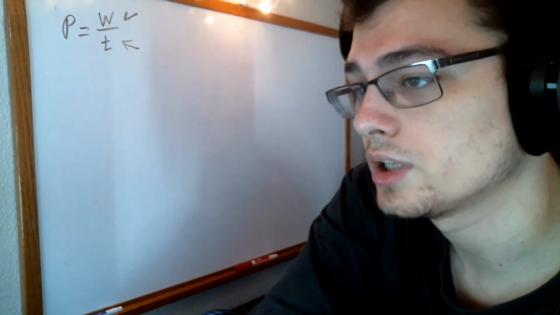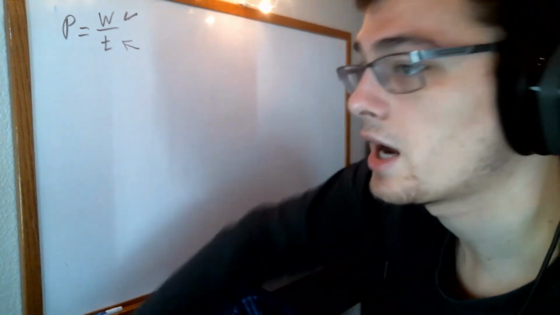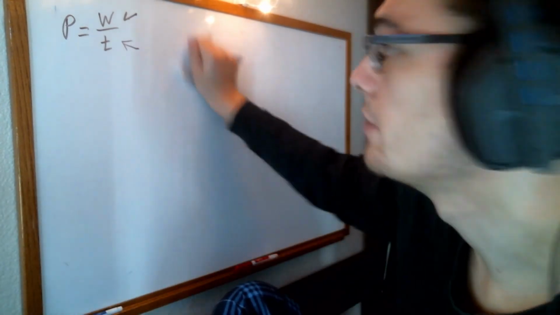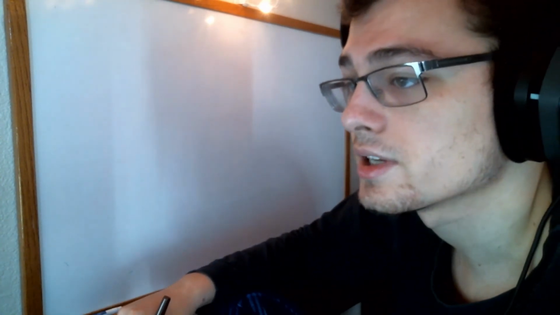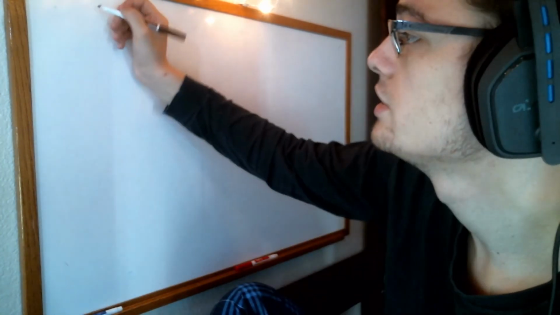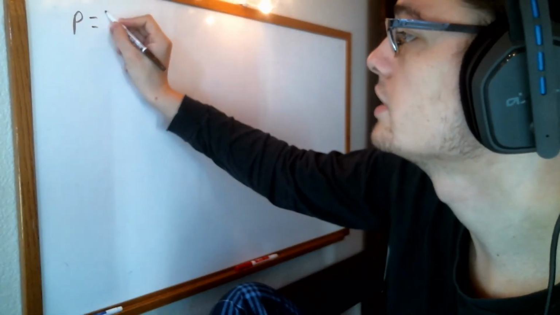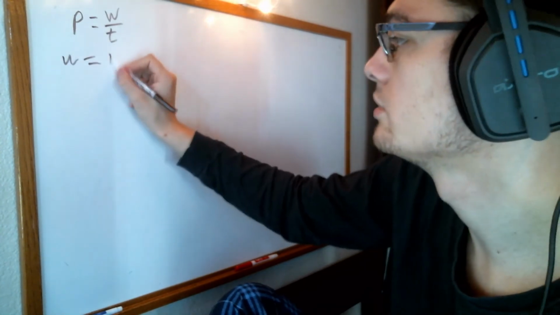Okay, so next up, it says that a pitcher supplies a power to a baseball of a mass for a period of time. It asks, what's the ball speed in meters per second when it leaves his hand? So in this case, we know that P is equal to W over T, so W is equal to PT.